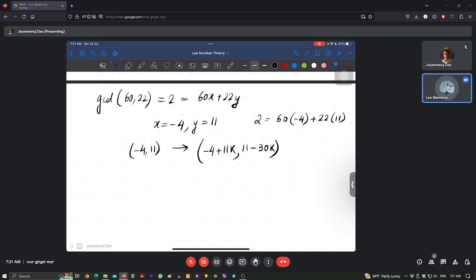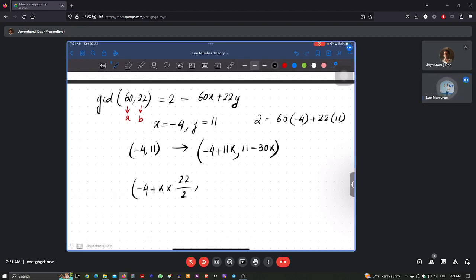The general solution would be x1, which in this case is minus 4, plus k times b over g. So b would be 22, and g is 2.